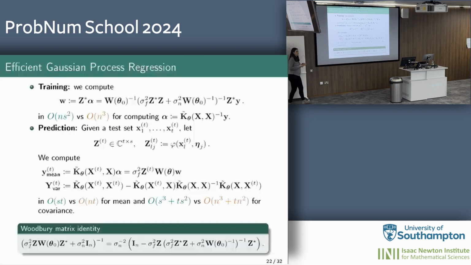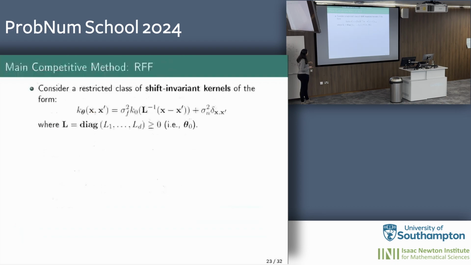So again, less computations. And the same goes for the prediction, of course. Okay, great. So again, the main motivation for this was the Monte Carlo-based approach, which is RFF.